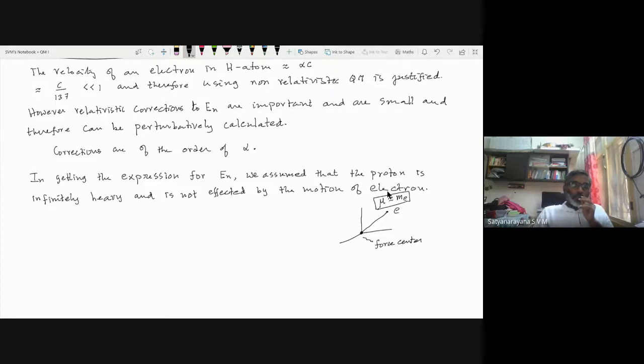So we can think of a situation where the masses are m1 and m2, that is, the mass of the proton is finite.